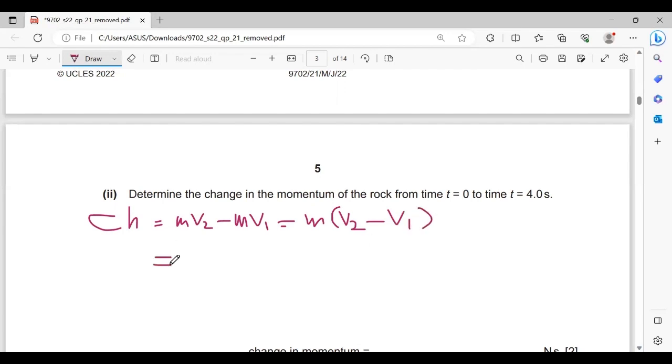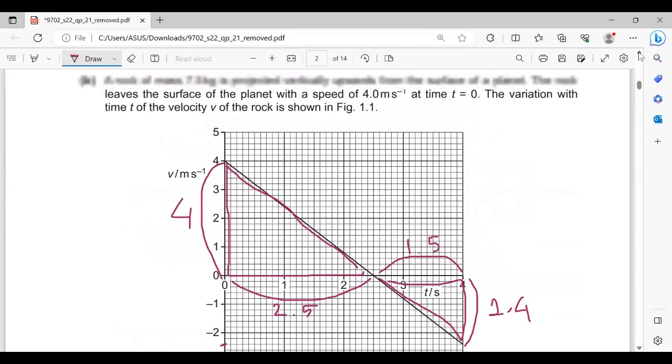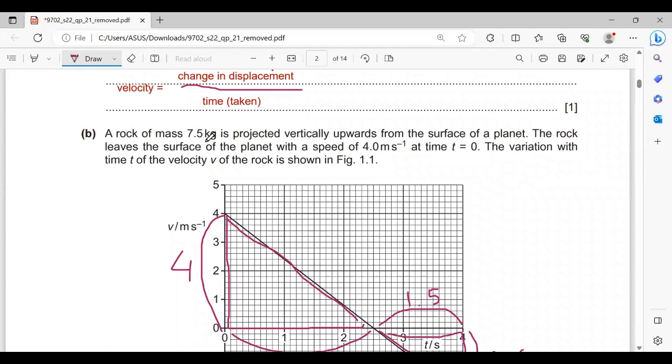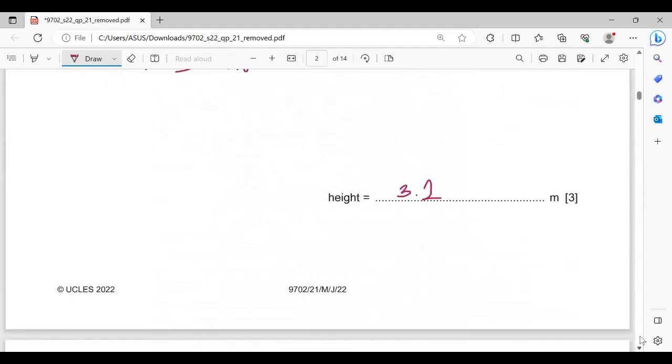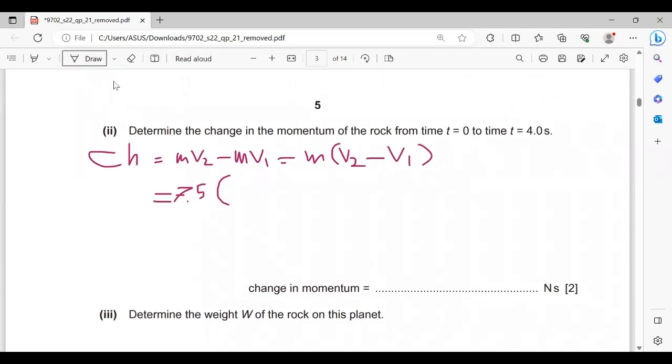Okay, and we calculate. The mass equals 7.5 kg, from the information in the question. Then multiply by velocity 2 minus velocity 1.